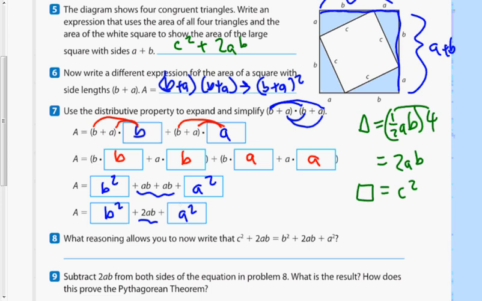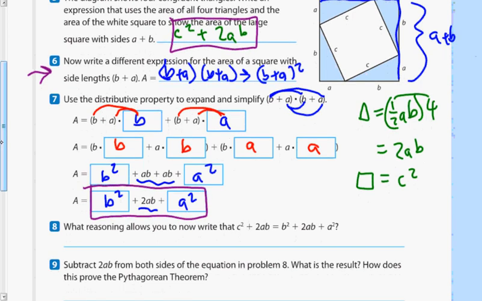So far, I'm going to put in a box of purple. We have this way to find the area, and then the other way is in number 6, which we end up getting this. They're both different ways to show the area of that whole shape, so they both should be equal to each other. And that's why it says, what reasoning allows you to know that C squared plus 2AB, so that's what we had above, is equal to B squared plus 2AB plus A squared, and that's what we had below.